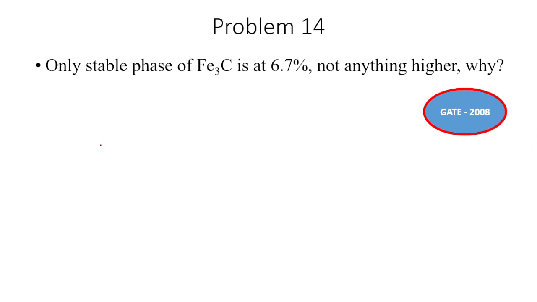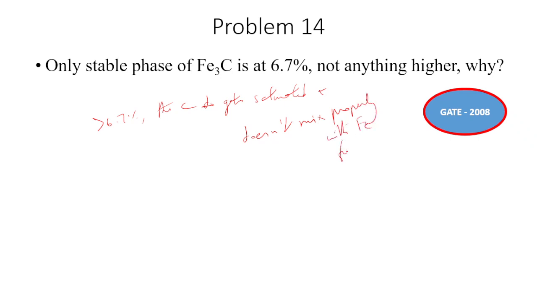Exactly, not properly mixed. So what happens is beyond 6.7 percentage, the carbon gets saturated, right, and doesn't mix properly with iron, forming layers.